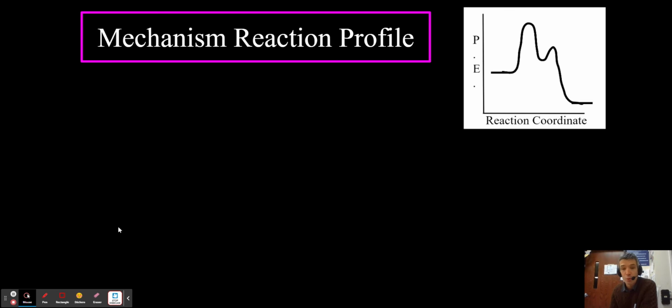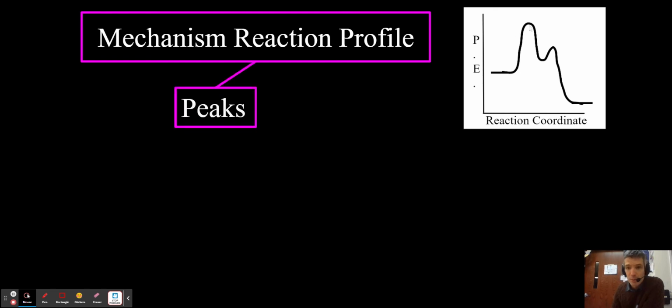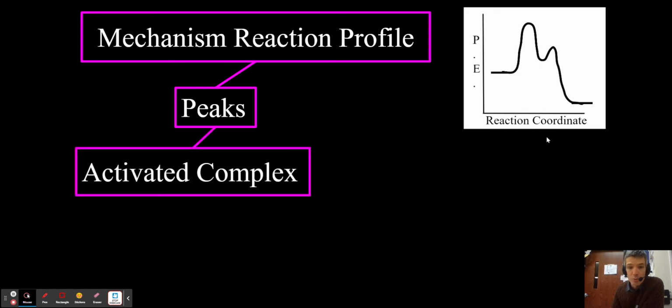Before we look at some examples, I want to pick this apart and give you some information. I want to talk about these peaks, these tops. These peaks are where we've got an activated complex, where the molecules are coming together, breaking old bonds and forming new bonds.